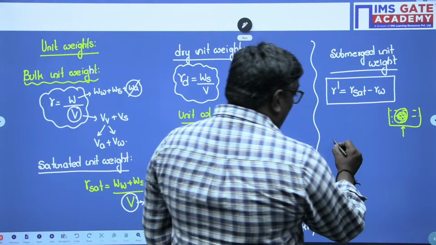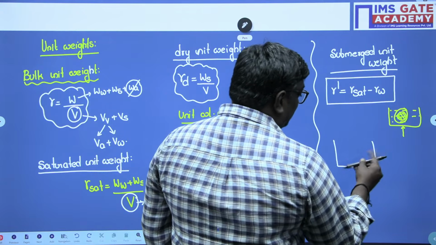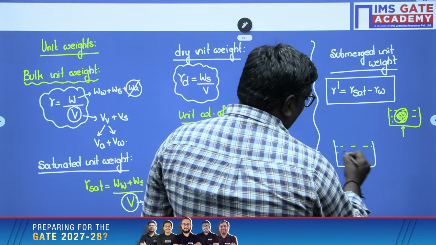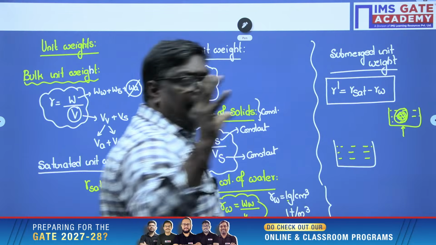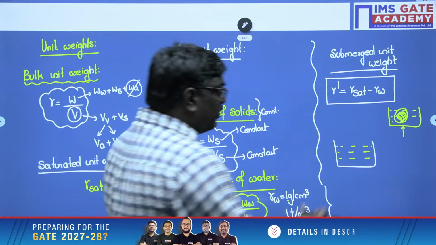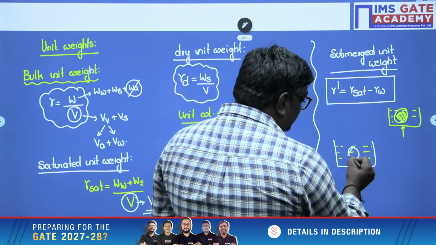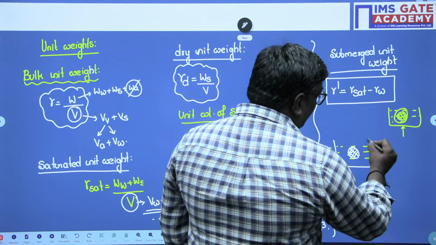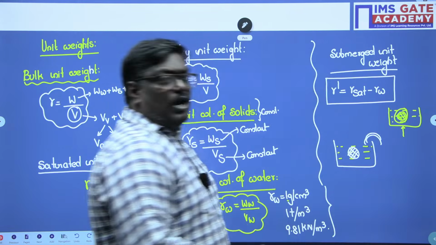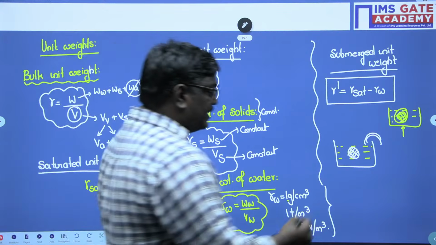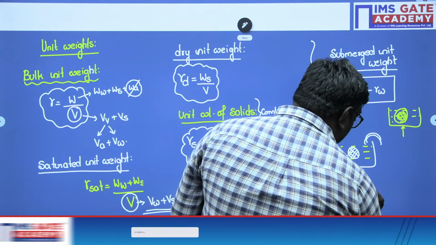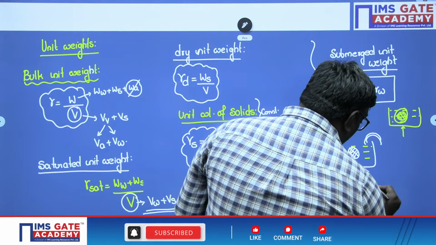But according to Archimedes principle, in some of the problems you will get, sir, if there is a beaker and you have some cricket ball. Now if you immerse this cricket ball in this water, that much water will be displaced. So according to the Archimedes principle, my dear students, here you should understand the volume of water displaced.